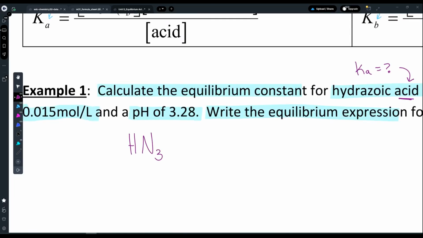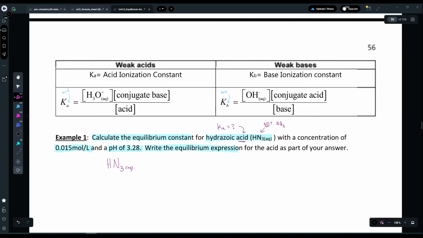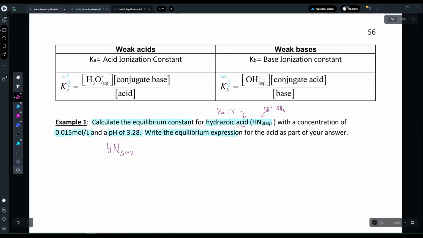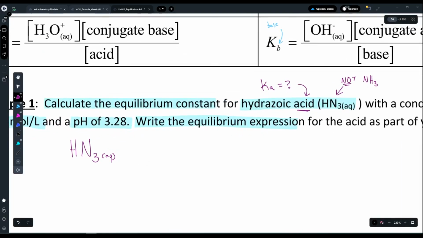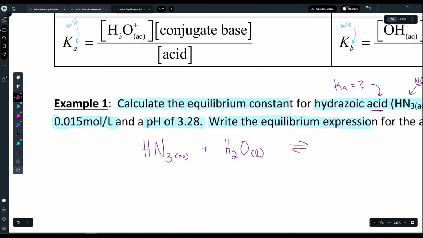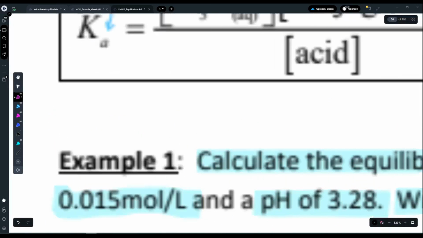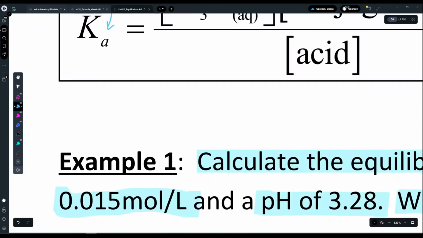So we have hydrazoic acid. Now, this question doesn't mention that hydrazoic acid is reacting with anything, so because of that, we're going to react it with water. This is going to be a modified Arrhenius equation.